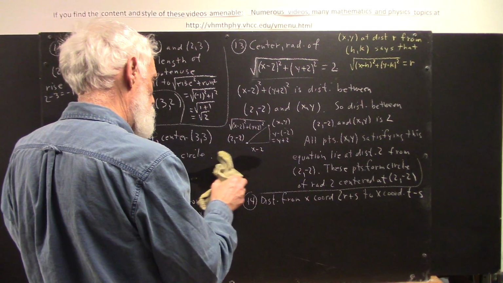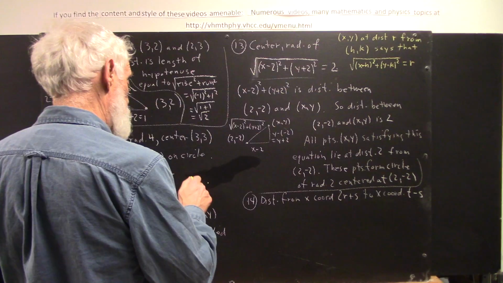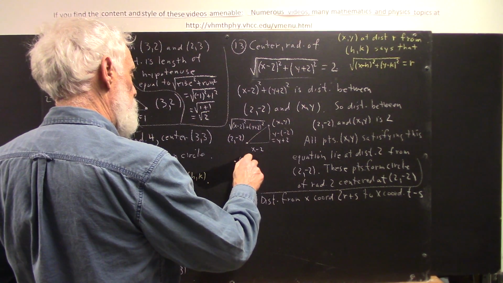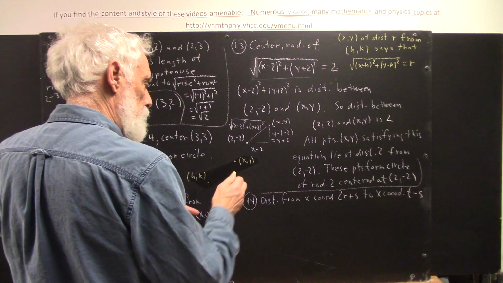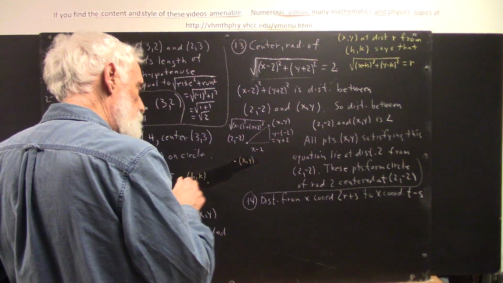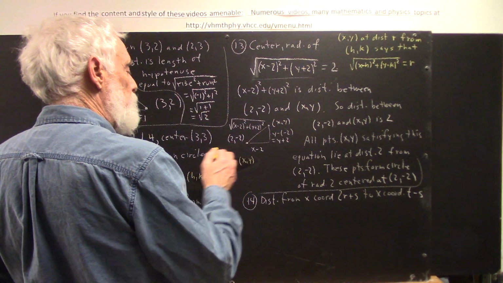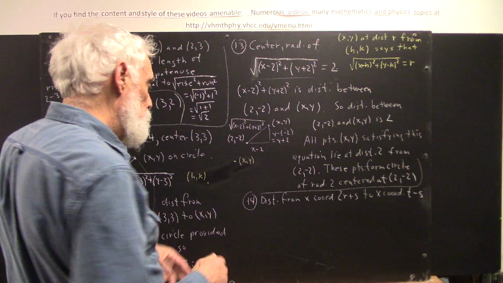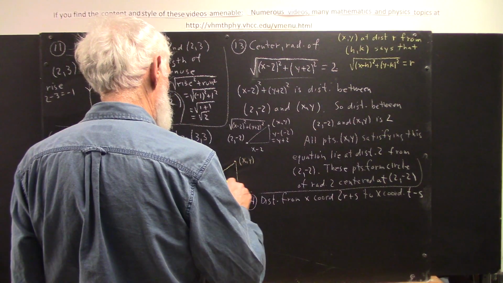So we're going to call this point h, k and this point x, y. The only reason I want to do this is I want to move from left to right, so I want it to be x minus h and y minus k. The way I had it drawn, it would have been h minus x and k minus y. Turns out that's the same, but it's going to look different, so I didn't want to do that.